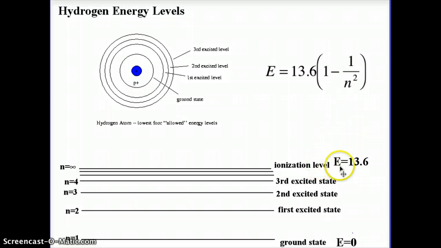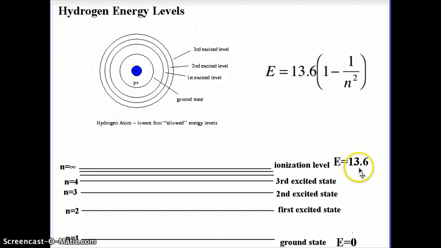And if the electron gets more than 13.6 electron volts of energy, that's the same units we used when we were dealing with energy of photons, then the electron leaves the atom altogether and we get an ion of hydrogen instead of neutral hydrogen.